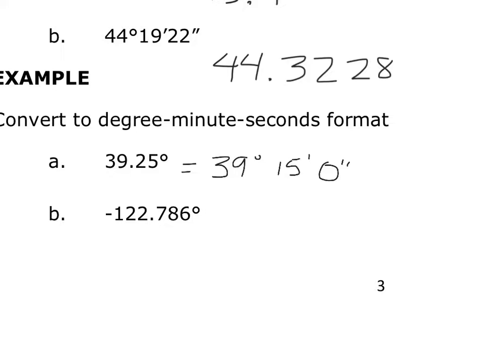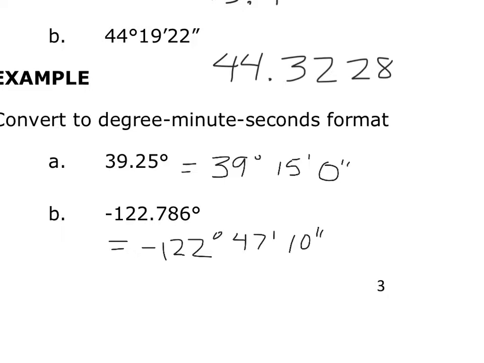Good question. And what about the next one? Who would like to give me the next one? No, Bryson, not you. You already did one. Sure. Thank you. What'd you get? Negative 122 degrees, 47 minutes, and 10 seconds.